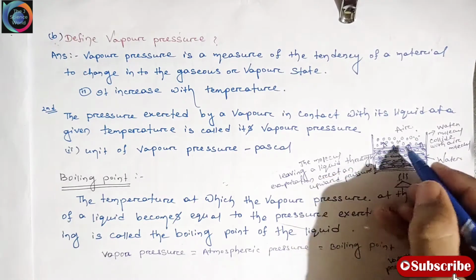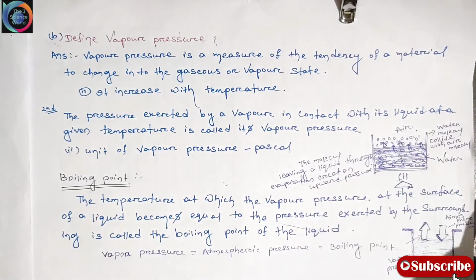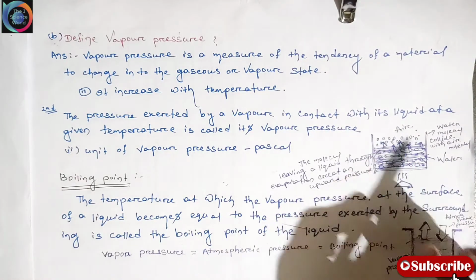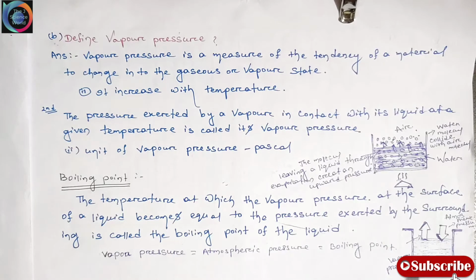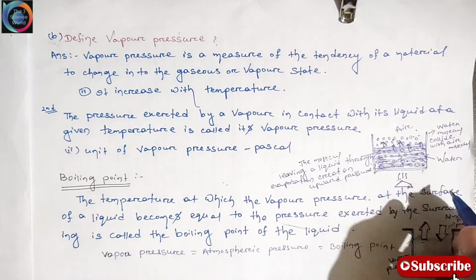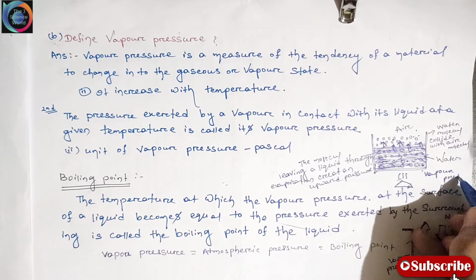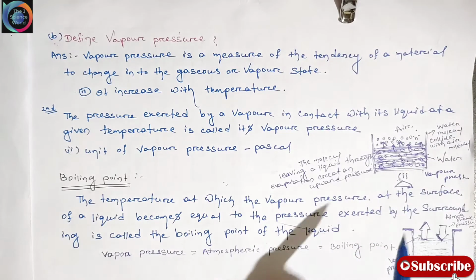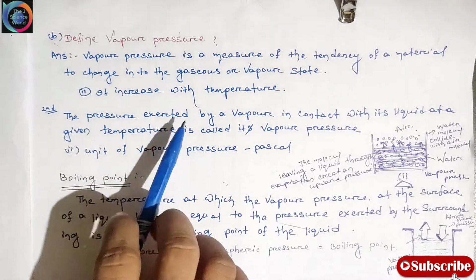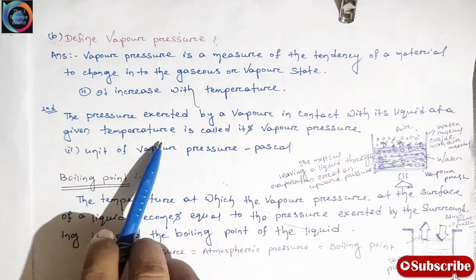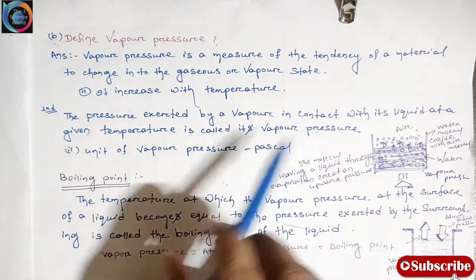These water molecules collide with air molecules and create some pressure. This is our vapor pressure. So we write the pressure exerted by a vapor in contact with its liquid at a given temperature is called its vapor pressure.